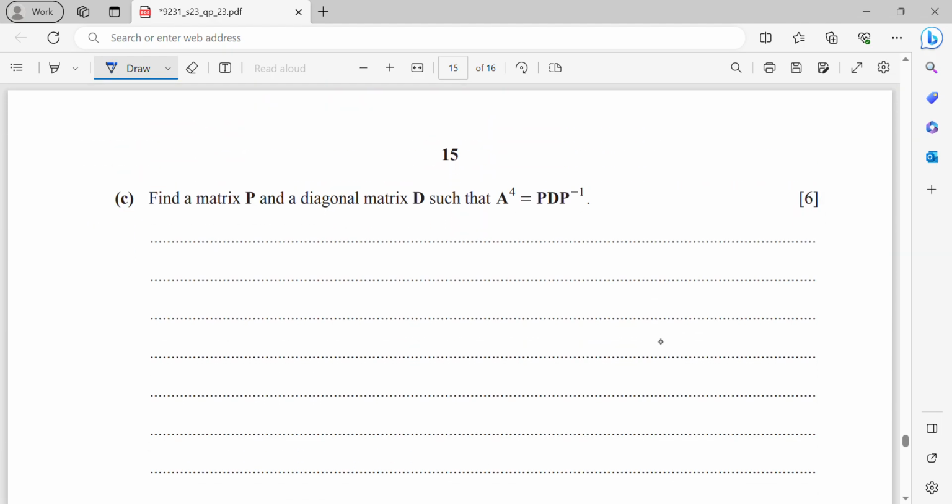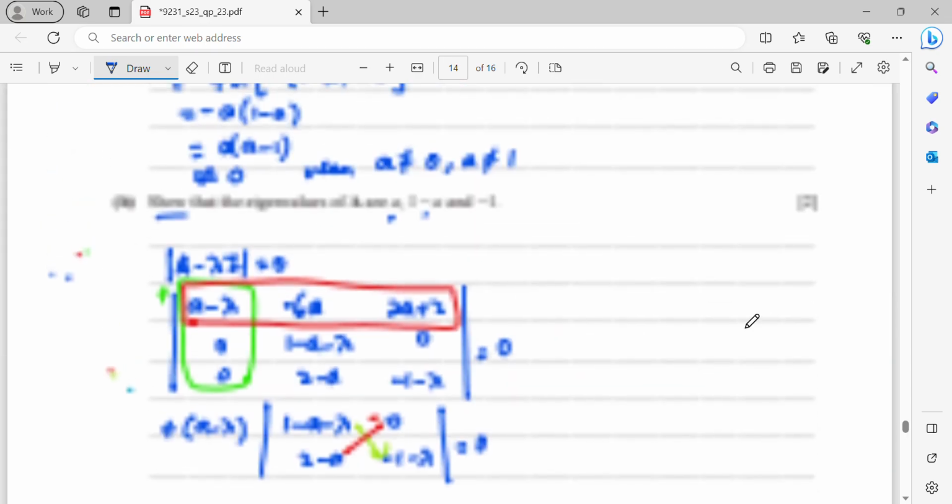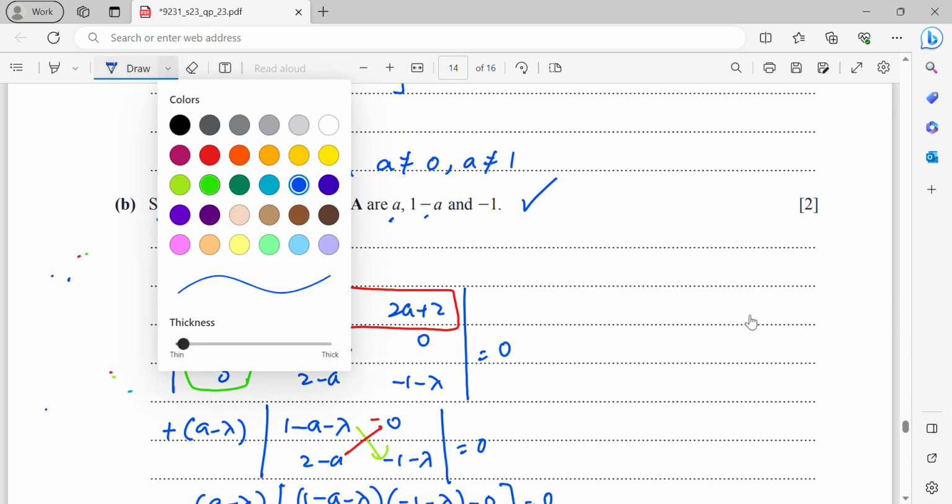Now, find a matrix P and diagonal matrix D such that A to the power 4 is PDP inverse. Means that now I have to find three eigenvectors. So I will start with lambda 1 equals to A. Alright, so now I will substitute this A into my A minus lambda I matrix.